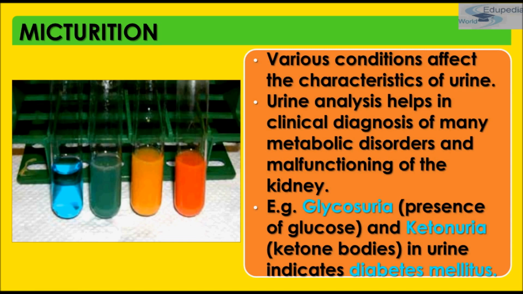And ketonuria, when ketone bodies are present in urine, indicates diabetes mellitus. So these are the conditions that affect the characteristics of urine, and urine analysis helps in the clinical diagnosis of many metabolic disorders and malfunctioning of the kidney.